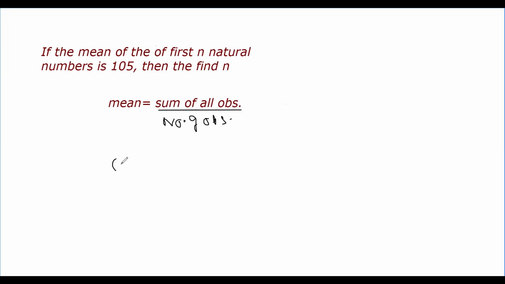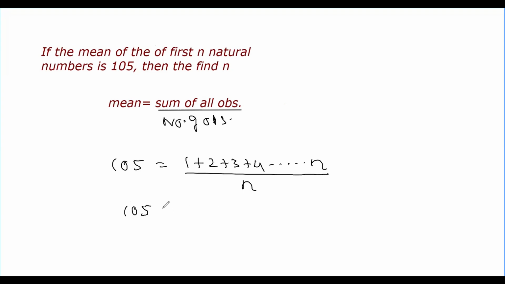Here we are given the mean as 105. The sum of observations is 1 plus 2 plus 3 plus 4, up to n natural numbers, divided by the number of observations. Clearly we have n such numbers, so this is n.